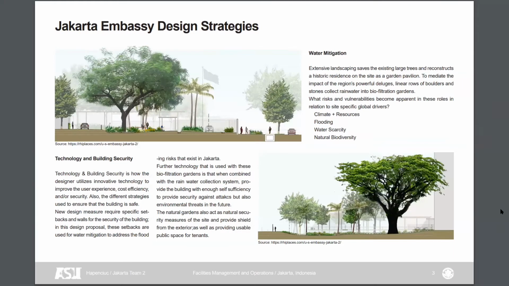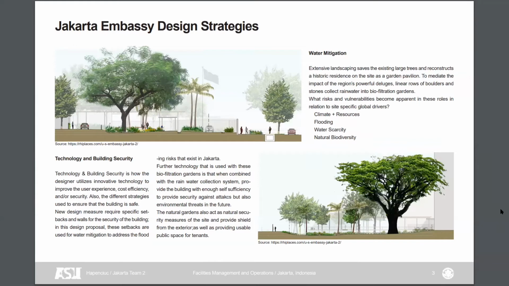And lastly, another way that water mitigation in this building contributed to the success of the management is, again, really understanding the use of technology and maximizing building security. So this was analyzed in two different ways. Building security, again, in the sense of natural threats, but also physical threats.